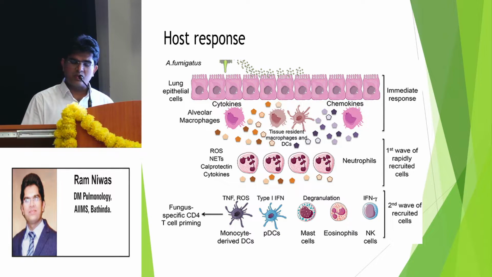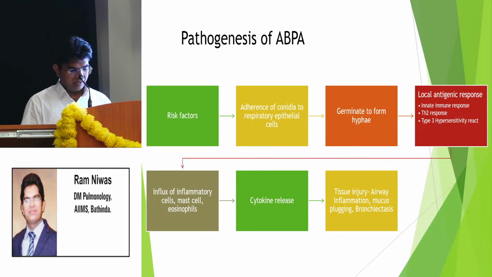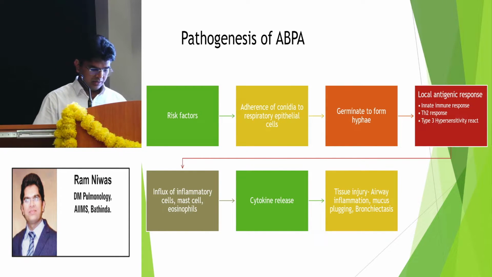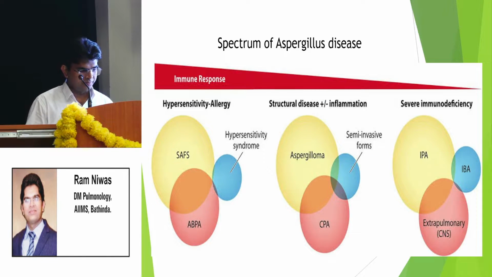The host response may be an immediate response, early phase response, or late phase response, and ultimately this immune response will recruit various inflammatory cells like mast cells, eosinophils, and monocytes, and they will lead to cytokine-mediated tissue injury, airway inflammation, mucus plugging, bronchiectasis, and at a later stage pulmonary fibrosis.